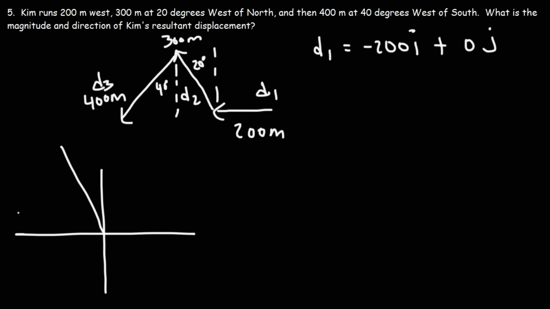D2 is in this direction. If this is 20 degrees, the complement of that is 70. So it's 70 degrees with respect to the x-axis. So now what we need to do is find D2x and D2y. We know D2 is 300.